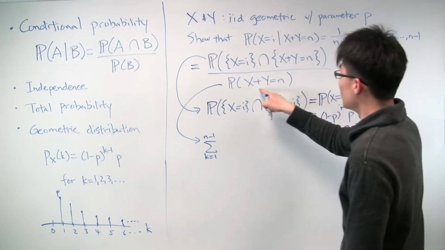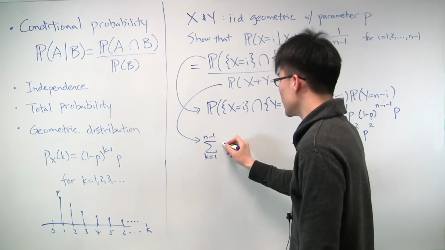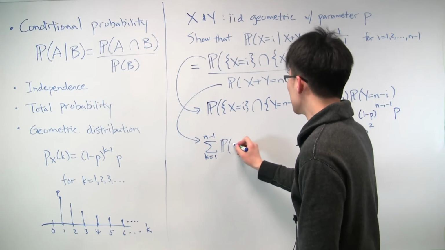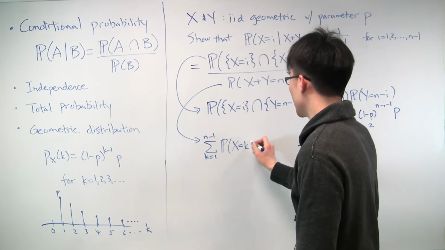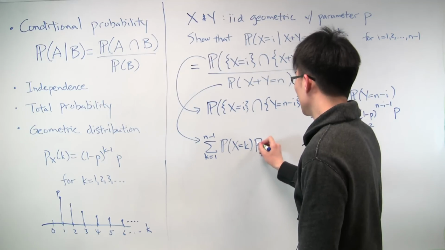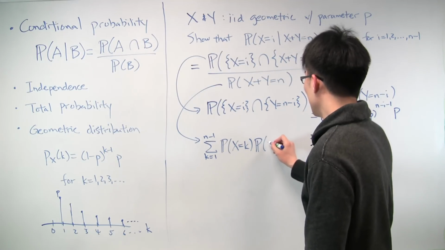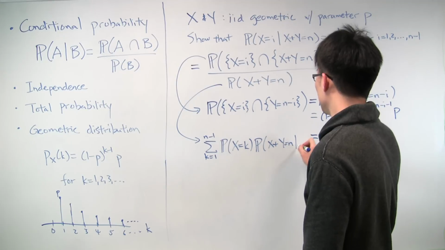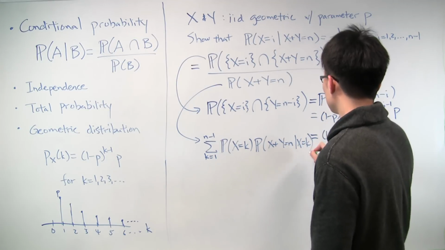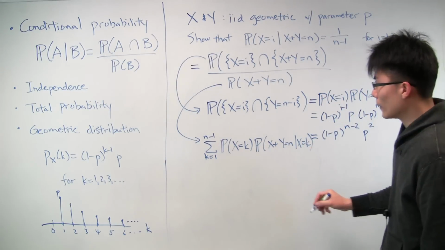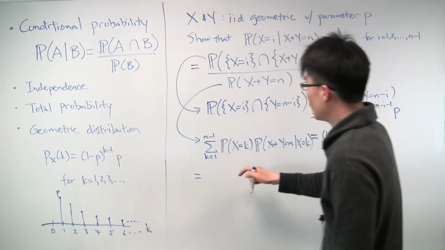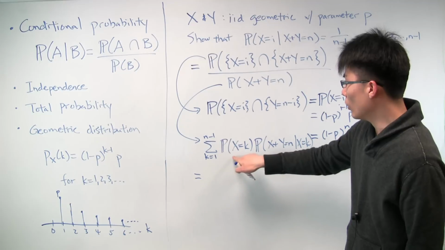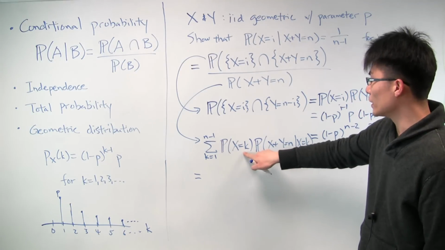So for x plus y equal to n, we can think of this as a partition. First, let's say we want x to be equal to some k, and then we want x plus y to equal n, given that x is equal to k. And what do we sum k from? Well, this is basically the partition.